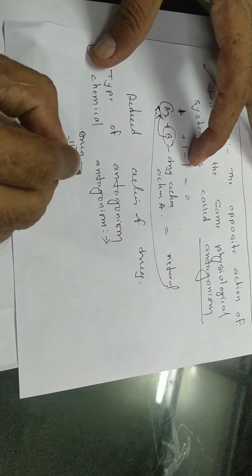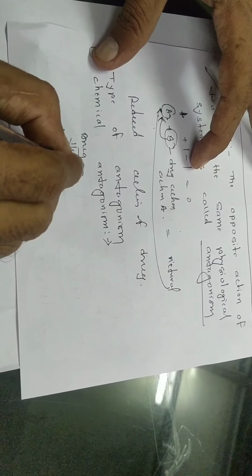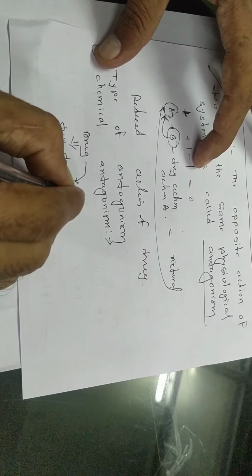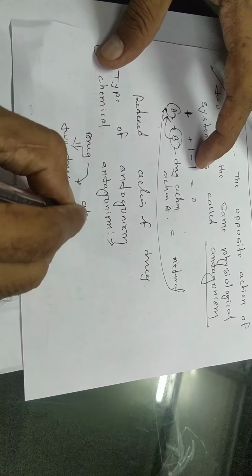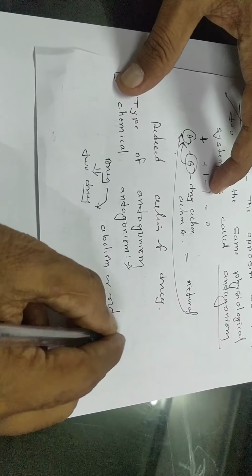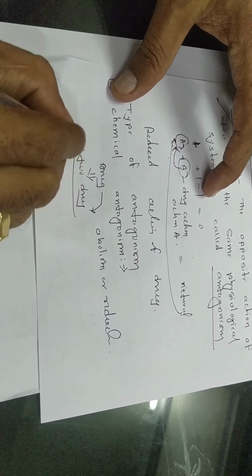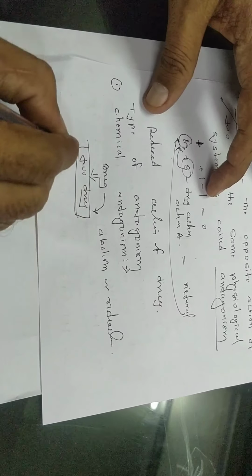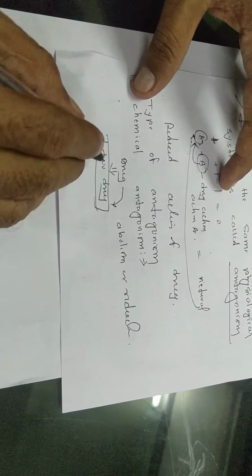That drug completely abolishes or reduces the action in between the two drugs, and this is called chemical antagonism.